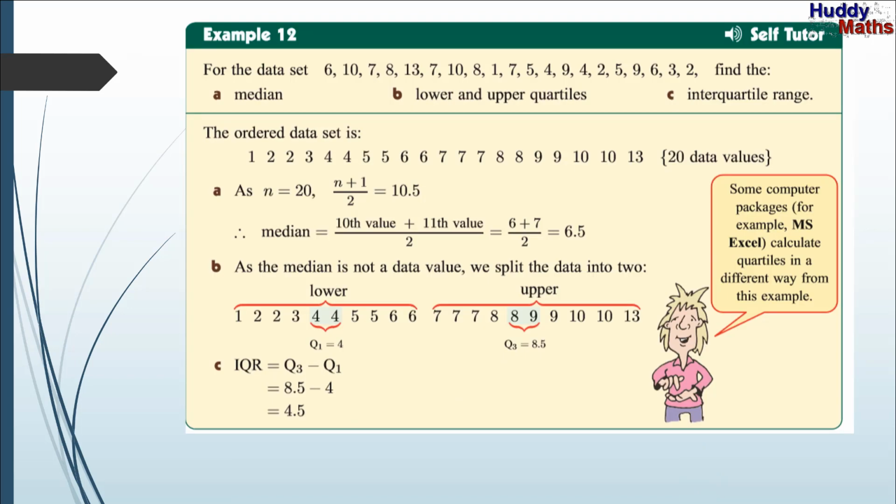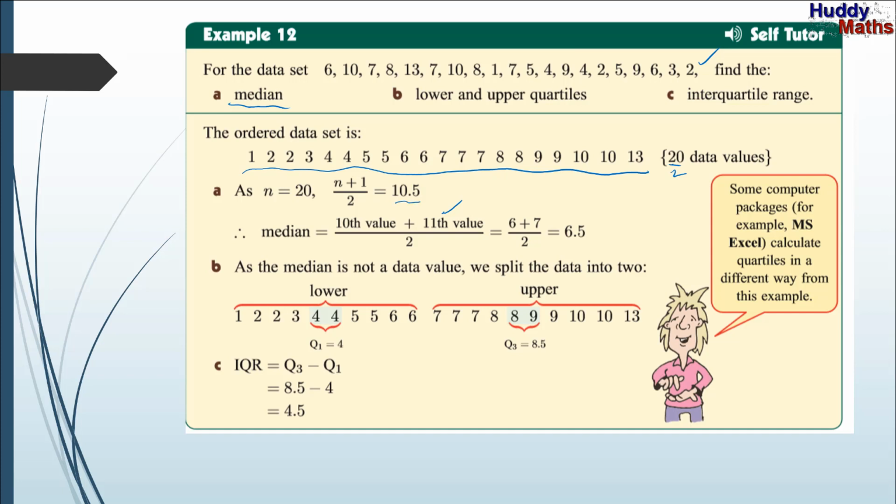So here we have the data set. Find the median. Well, that's okay. We've got to put them all in order. There they are, all in order, and there's 20 data values. So we're going to find the 10th, and we'll divide by 2, we'll get the 10th. Okay, 20 divided by 2 is the 10th, and the 11th value, halfway between those two.